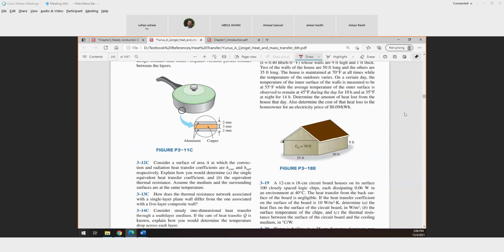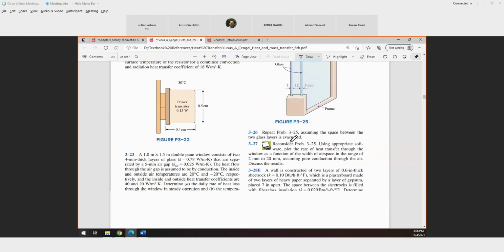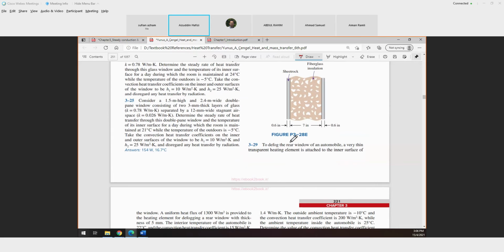I want to ask something. The radiation pipe, how do we know that we need to include radiation? Normally, when the problem is given, what I always do is I compare the H value under natural convection.